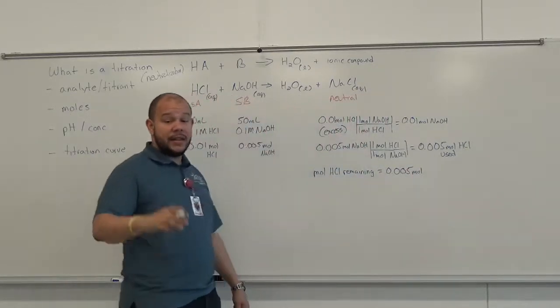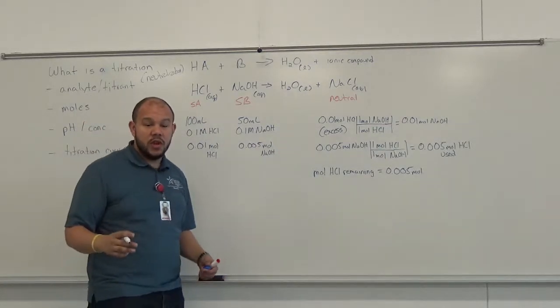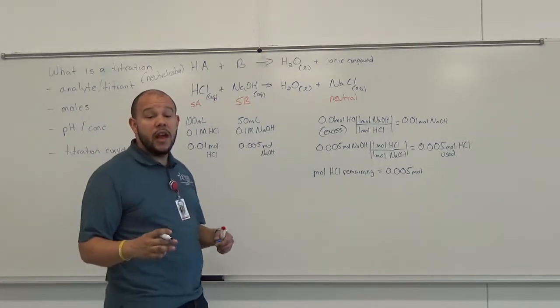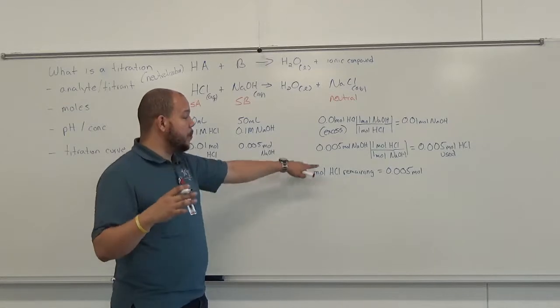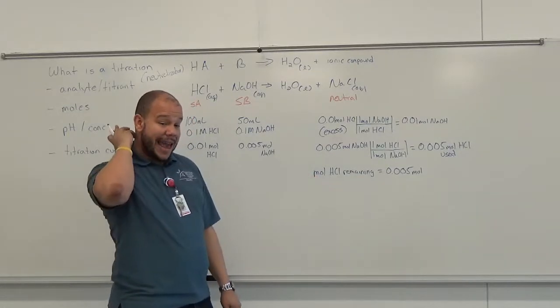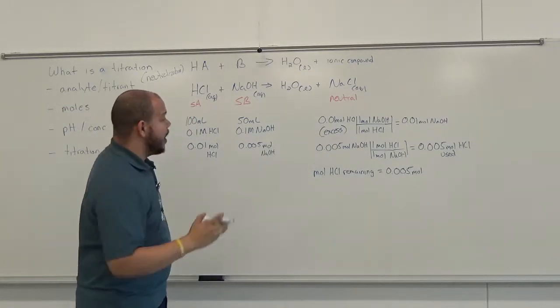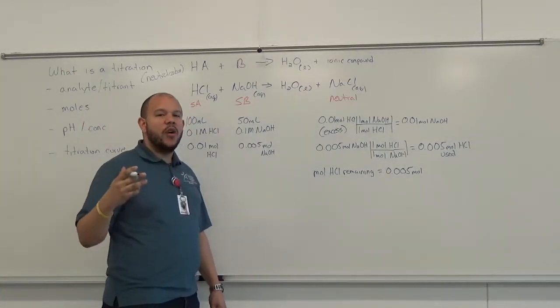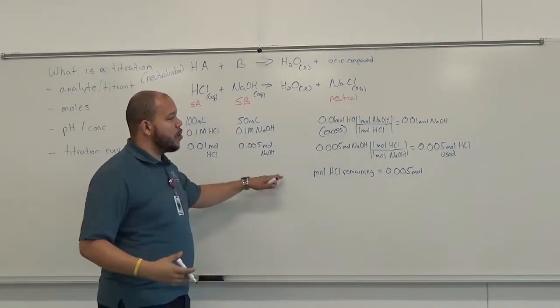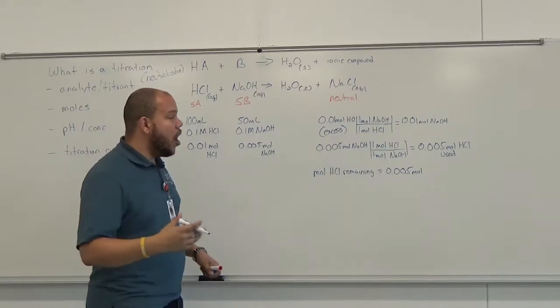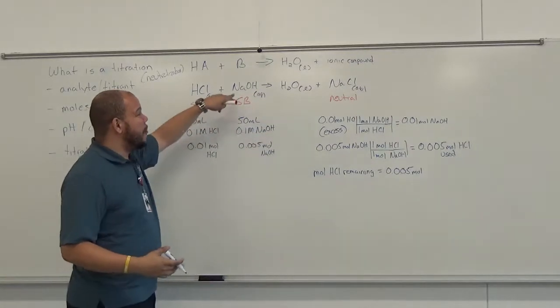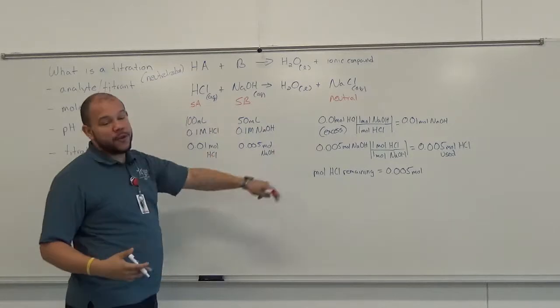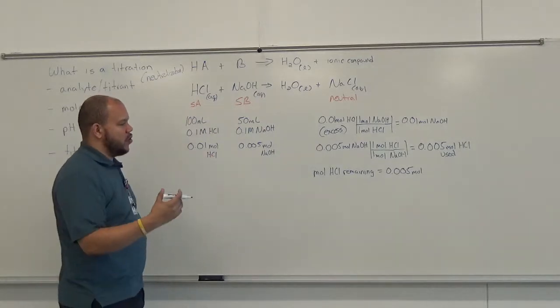Hopefully you see that this was a simple, straightforward calculation. We used up half. Now, the majority of titration problems involve your ability to determine the pH of this system after we have added in the acid or the base.